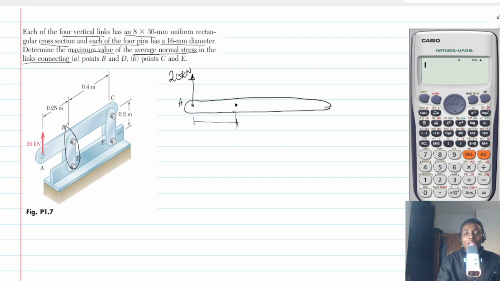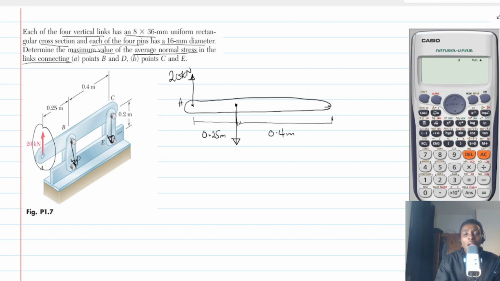Think about this linkage as a force which is coming downwards, because if I apply a force in this direction, there is going to be some form of reactions. This is 0.25 meters, and all the way here is 0.4 meters.